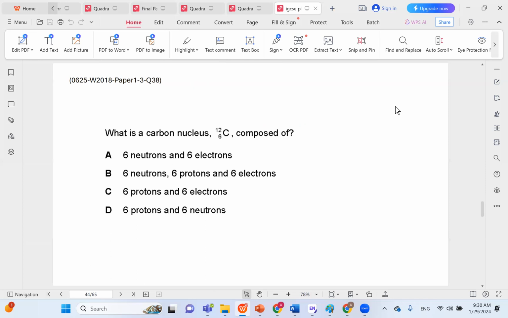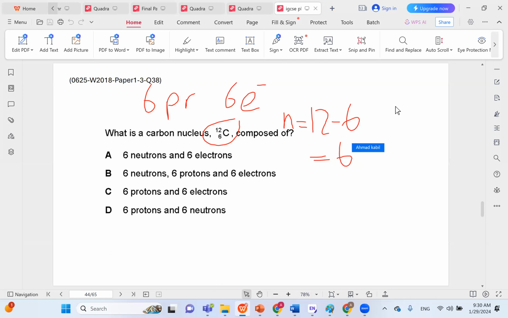So what is a carbon nucleus composed of? So we have 6 neutrons, 6 electrons. Anyway, let's just check the nuclide notation. We have here 6 protons, 6 electrons, and the number of neutrons equals 12 minus 6, which is basically 6 also.